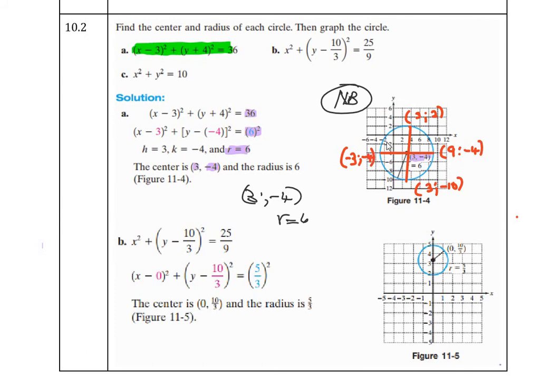Okay, so again, if I start at the center (3, -4), and my radius is 6, then clearly, if I start at 3 and I go my 6 units, I must get to 9. So the coordinates there will be (9, -4). If I start at 3 and I go back 6, I should get to negative 3. So this will be (-3, -4).